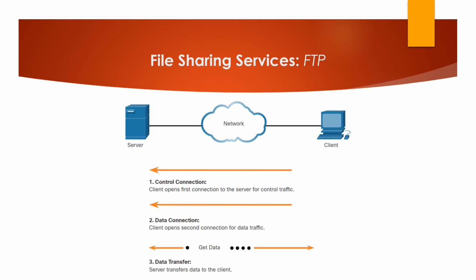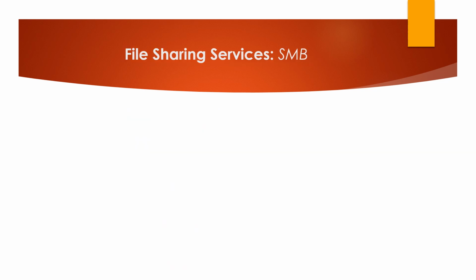And as for the messages, we have the Server Message Block for the file sharing services. The Server Message Block is a client-server file sharing protocol that describes the structure of shared network resources such as directories, files, printers, and serial ports.